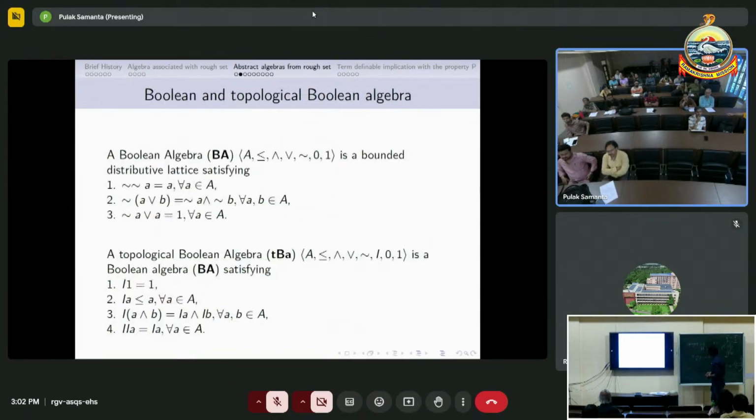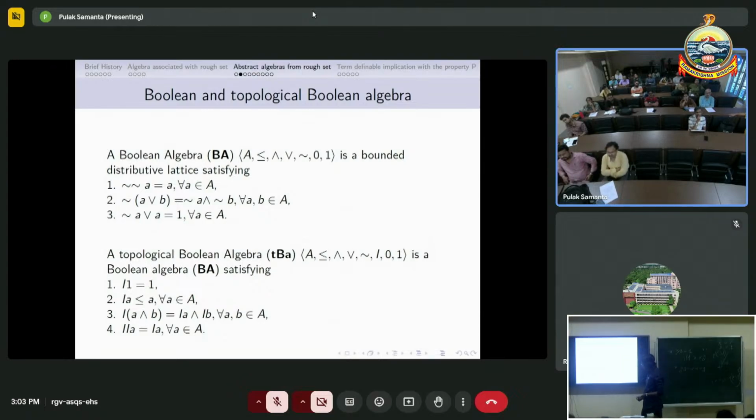Using that fact, we easily have x less than or equal to y, and conversely also. Next, come to the topological Boolean algebra. There is nothing special here. One additional unary operator satisfying these 4 conditions gives a topological Boolean algebra, but this is the algebra actually behind the modal logic S4. Here also the same implication works.